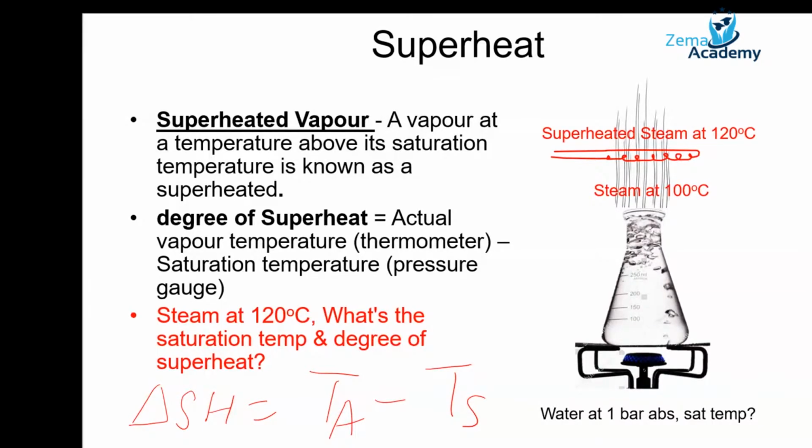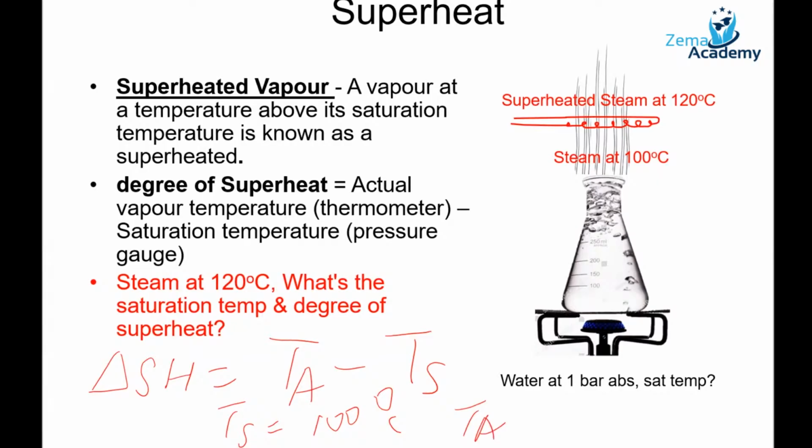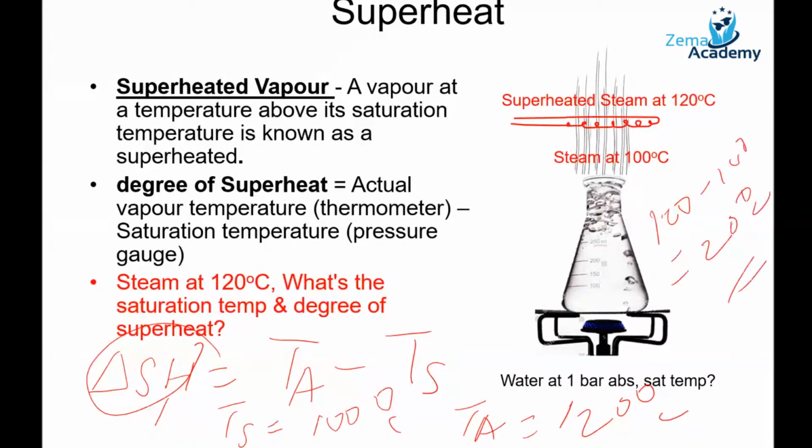Of course, the steam is at 100 degrees C and the superheated steam temperature is 120 degrees C. What is the saturation temperature and what is the degree of superheat? T actual is 120 degrees C, and therefore the degree of superheat is 120 minus 100, which is 20 degrees C. So superheat, again, we will use it when we define our PH chart, where our superheat region lies.